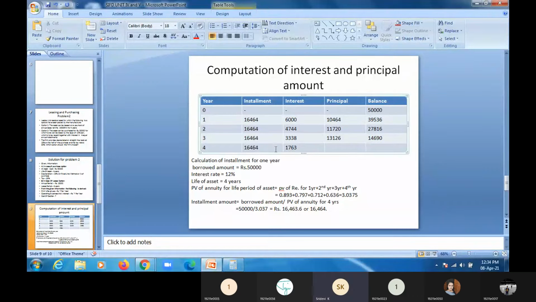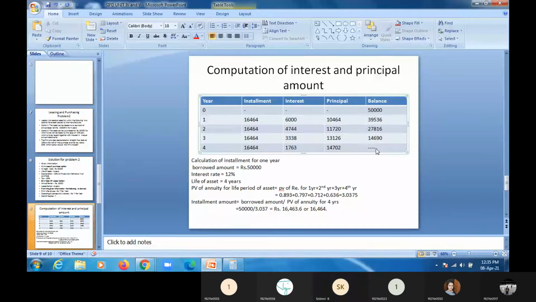So this amount you deduct from the installment of the fourth year. The remaining amount is 14,702, the principal amount. So there ends the calculation of interest and principal amount for 4 installments.